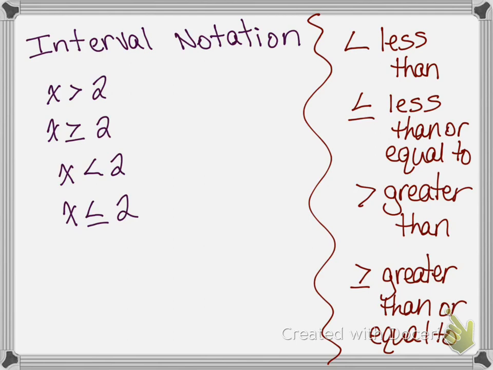If I was graphing something in high school that was x is greater than 2, very often I would use an open dot and a closed dot when we were talking about less than and less than or equal to, or greater than or equal to.